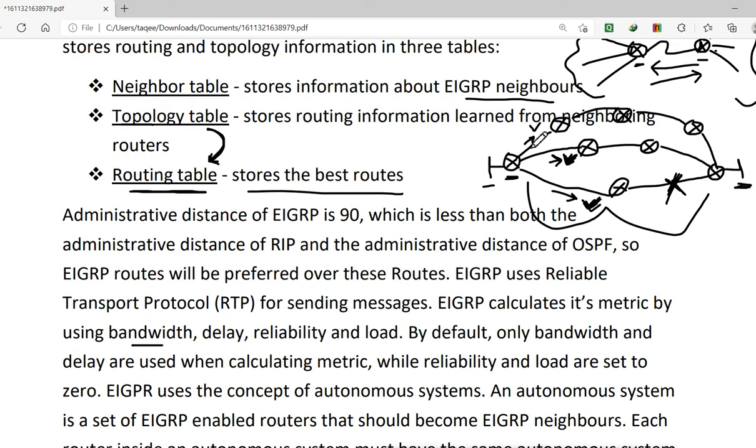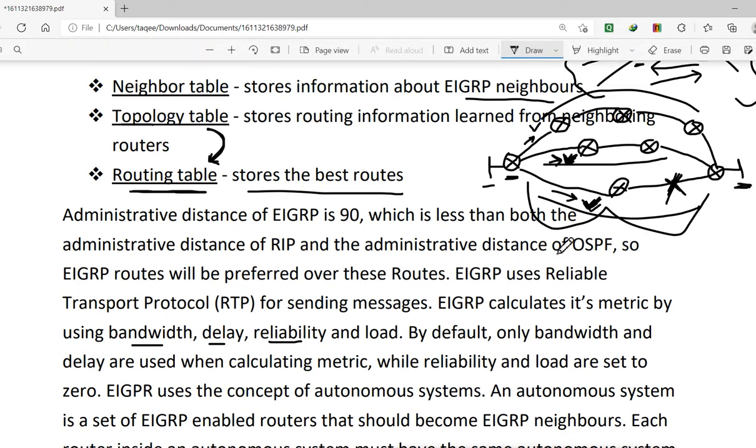First it checks the bandwidth, then it can check the delay also. Delay means, once it finds where it is getting more bandwidth, it will check the delay, that is, how much time it will take to go from this path, from this path, and from this path. Then it can also check the reliability.